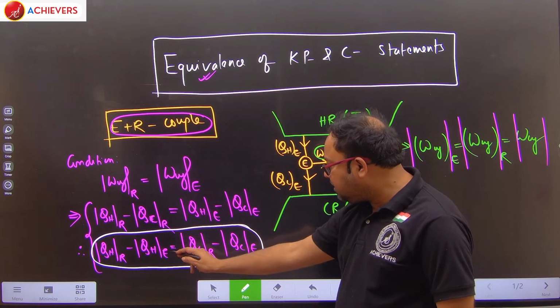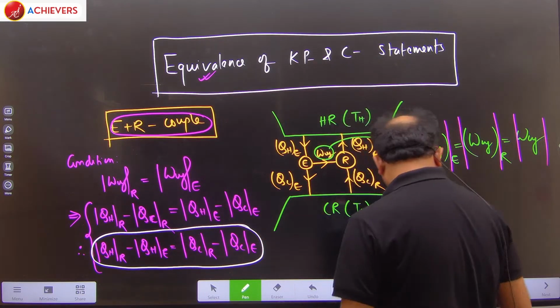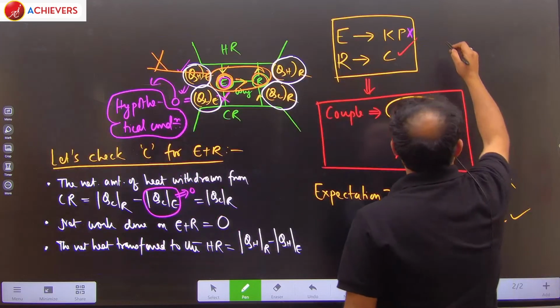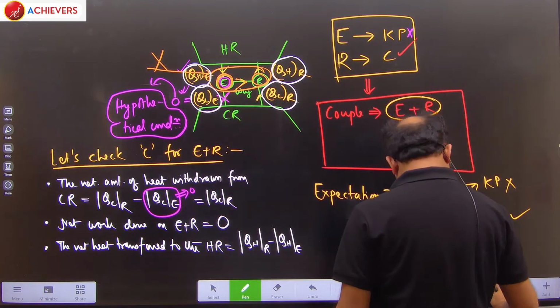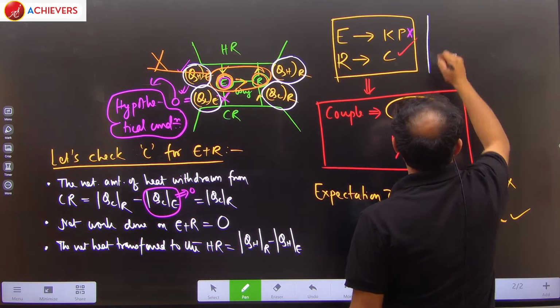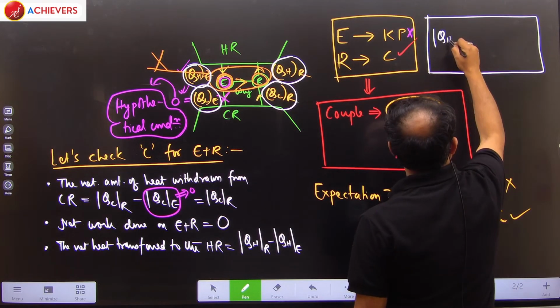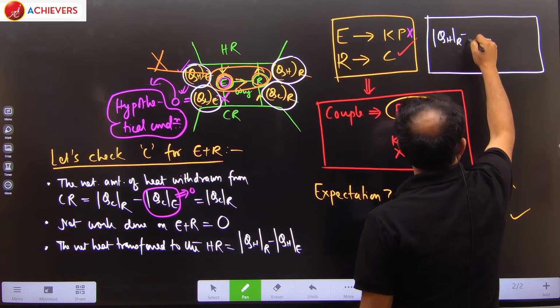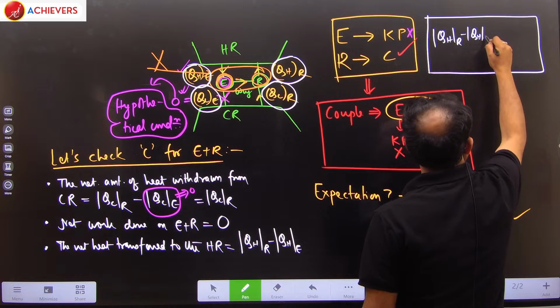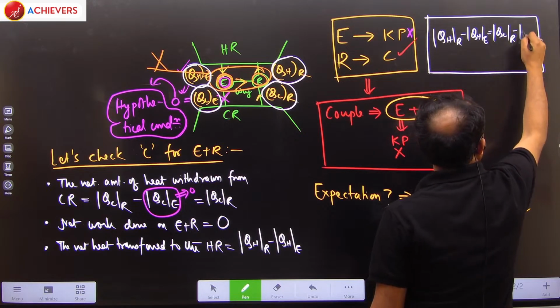In the last page, we have already got mod of QHR minus mod of QHE equal to mod of QCR minus mod of QCE.